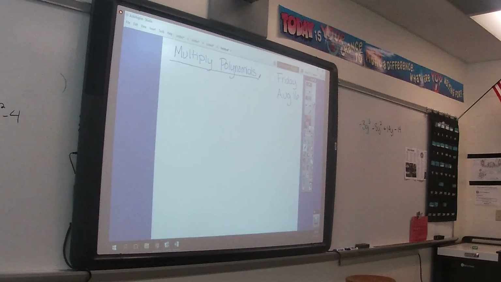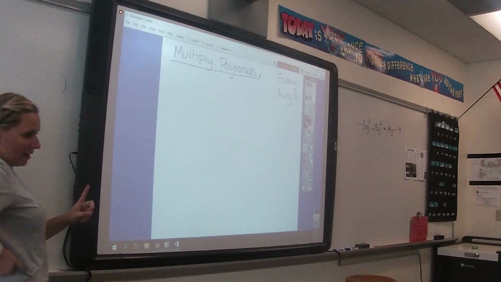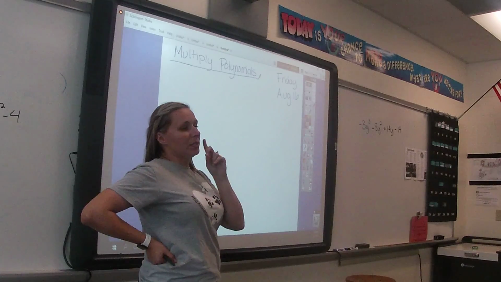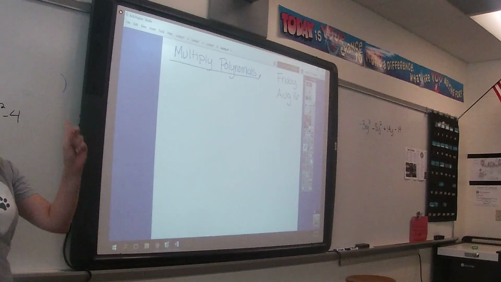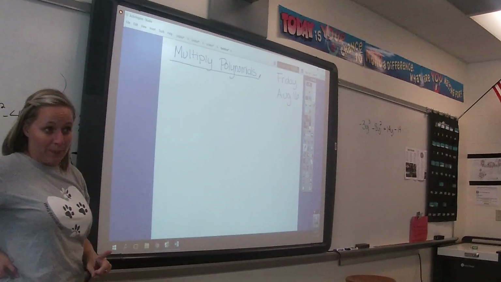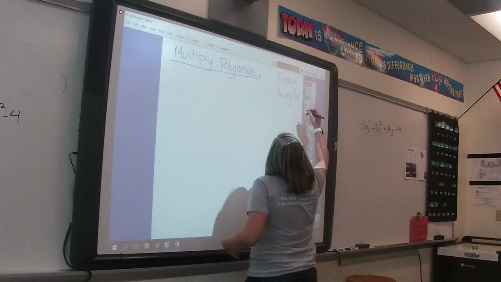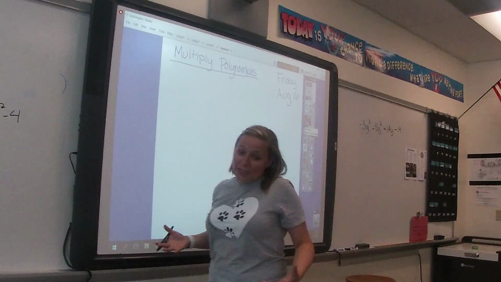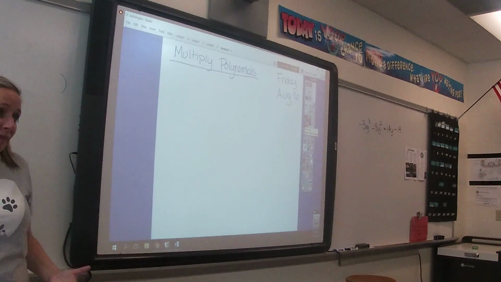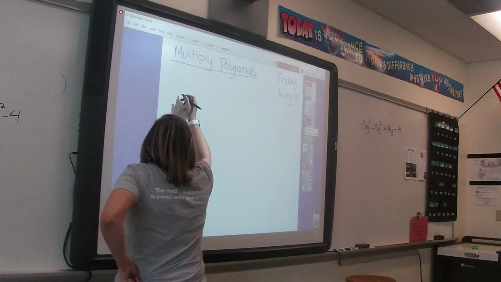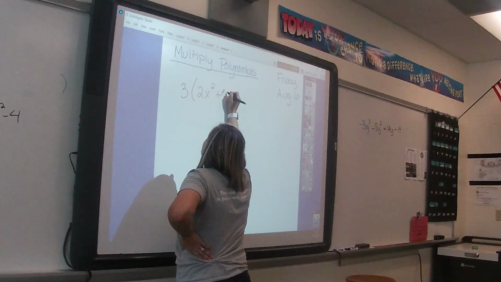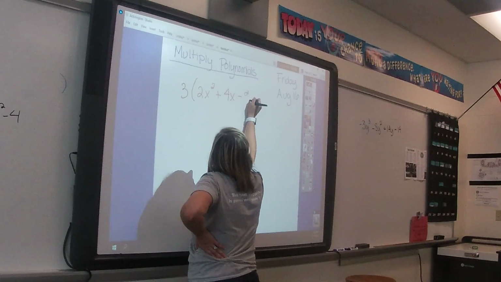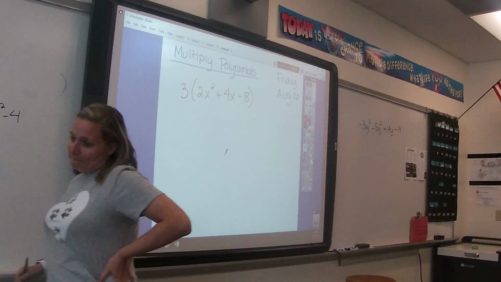And when we are talking about multiplying polynomials, it is all based on one key thing. If you know how to distribute, the rest is taken care of for you. It is just a whole lot of distributing. We have been distributing from a very basic level, where we can have something like 3 times 2x squared plus 4x minus 8.